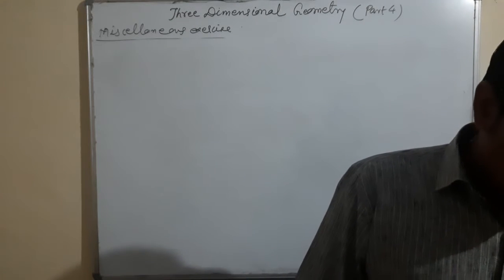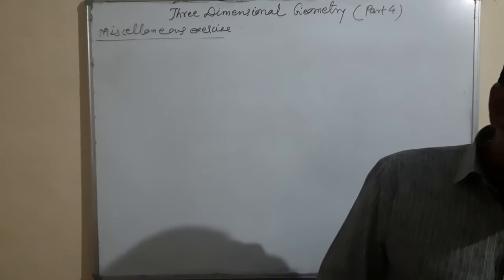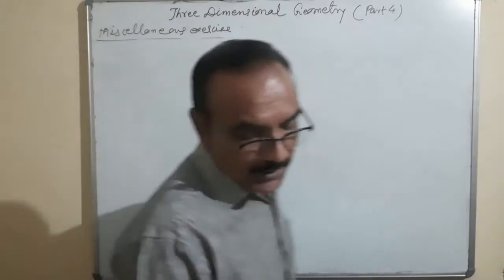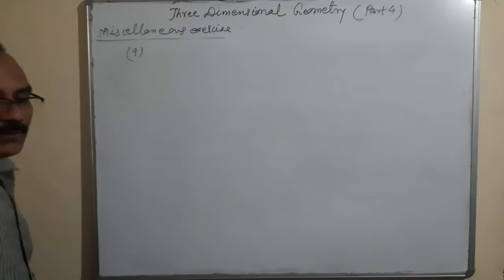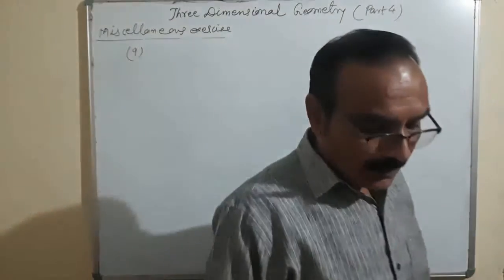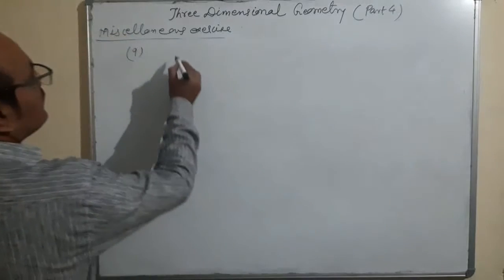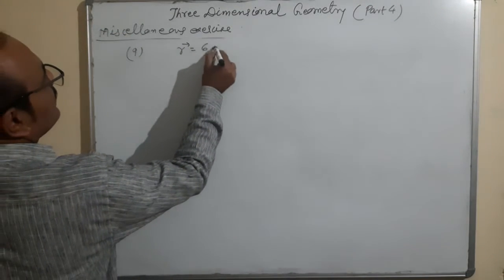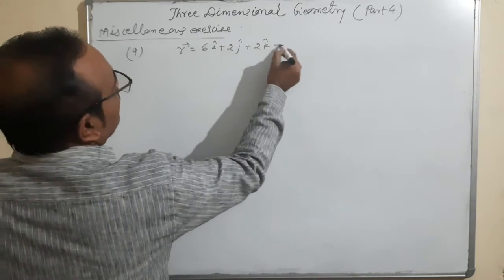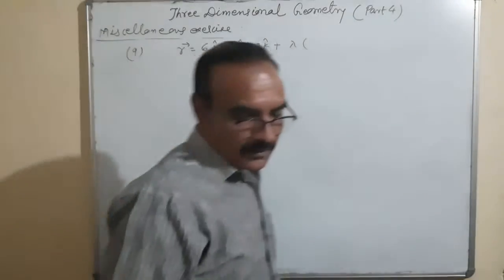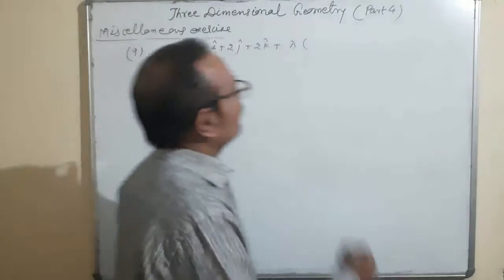Next question is to find the shortest distance between two lines. This question I am solving. Ninth question, shortest distance between two lines. One line is vector r is equal to 6i plus 2j plus 2k plus lambda (i minus 2j plus 2k).